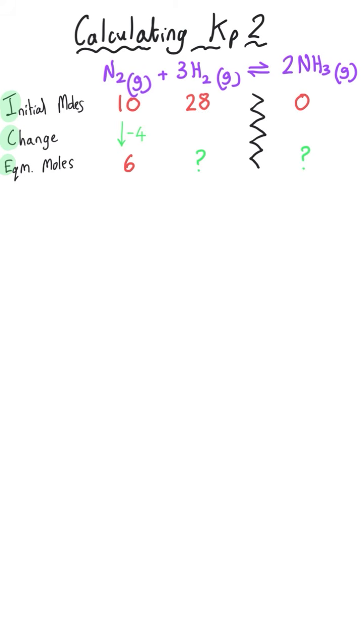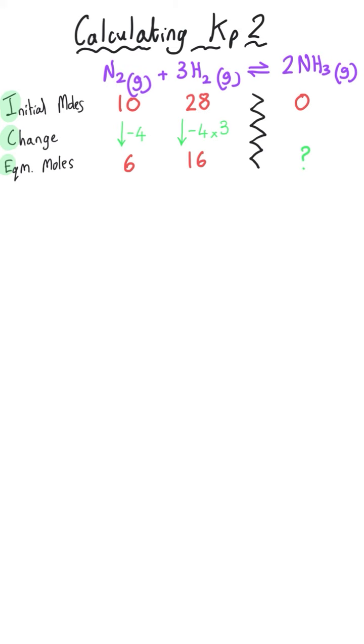But if you take a look at the coefficients, the nitrogen has got a 1 for its coefficient, and the hydrogen has got a 3. And so that means that the hydrogen will go down by 3 times more than the nitrogen does. So nitrogen went down by 4, hydrogen will go down by 12. So the equilibrium moles of hydrogen is going to be 28 minus 12, which is 16.